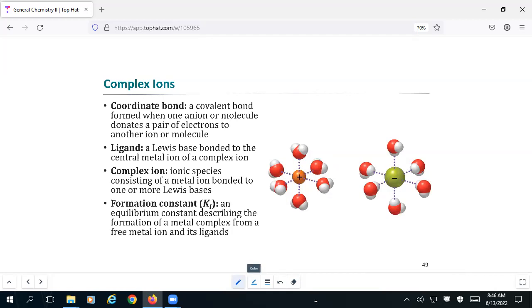So when it comes to complexes, we can talk a little bit about complexes in the sense that they are basically the formation of a series of this Lewis acid base kind of idea. Now, we do have some different names for these interactions. So, for example, that covalent bond that's being formed on the metal ion from the other thing, we call that a coordinate bond.